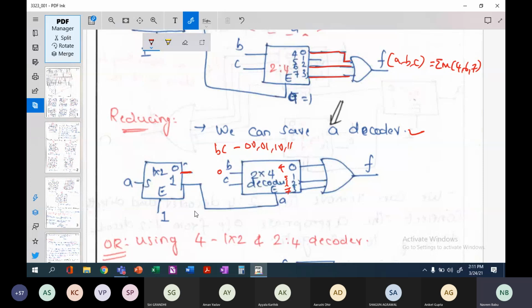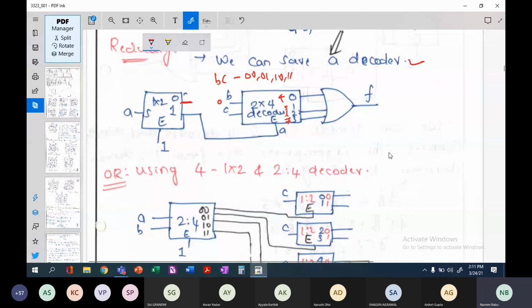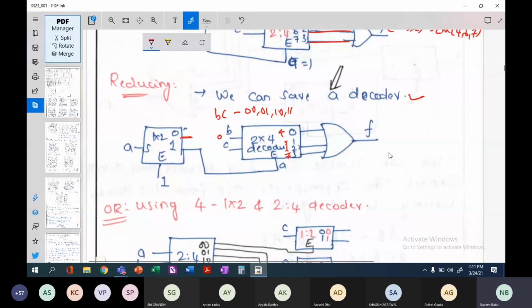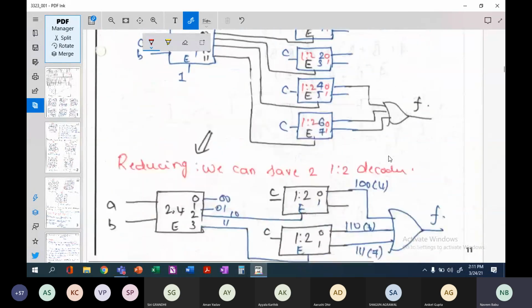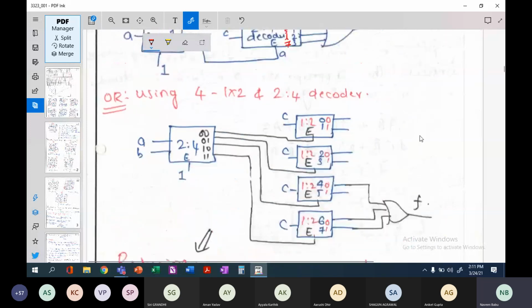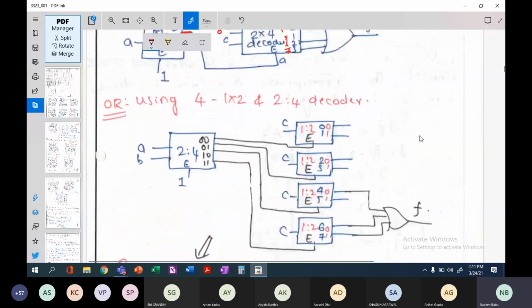Okay, now let's take another example. This is a different example. We are using the same function f of a, b, c, where the minterms are 4, 6 and 7.